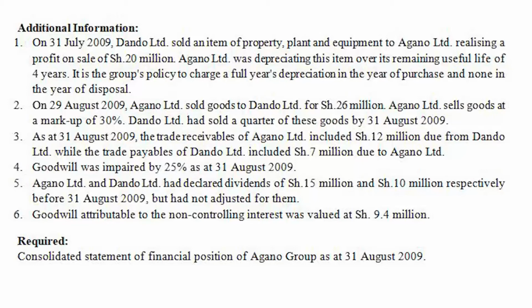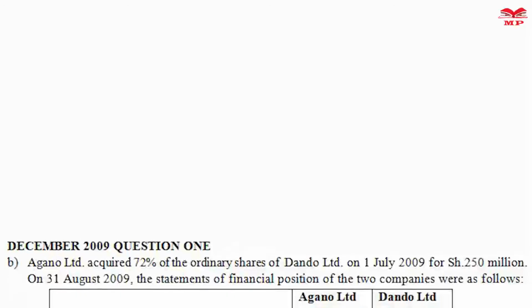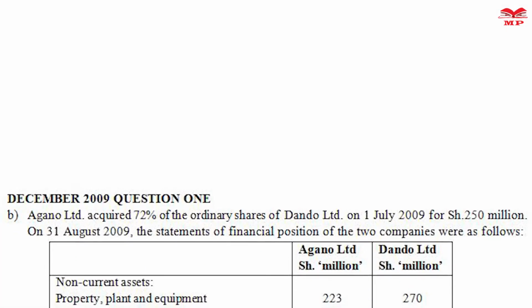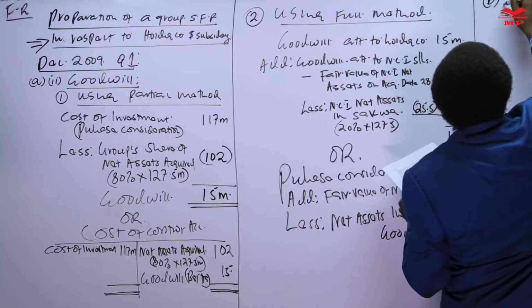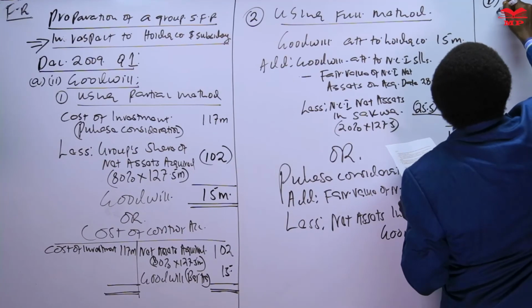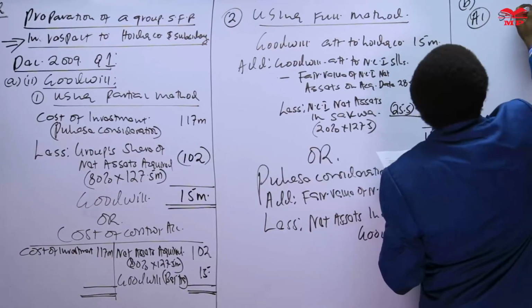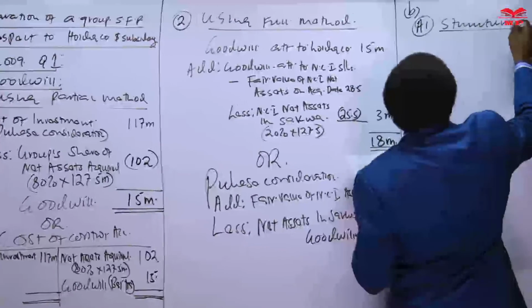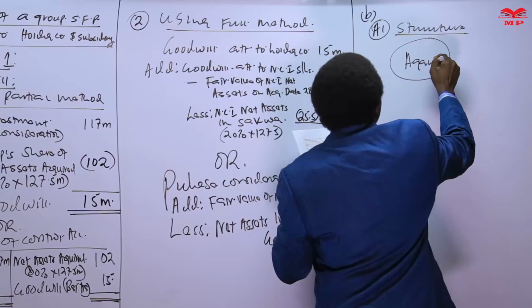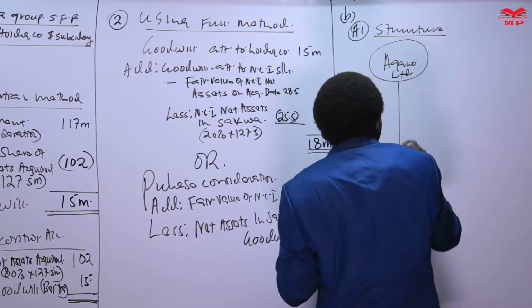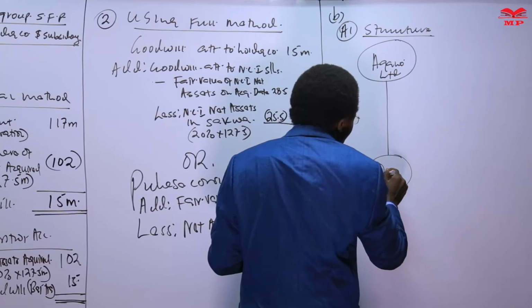So let's go back and look at this question once again. From the first paragraph, we've been told Agano Limited acquired 72% of the ordinary shares of Dando Limited. We are talking about B, and we have the structure. We have been told the structure is that Agano Limited has shares in Dando Limited.